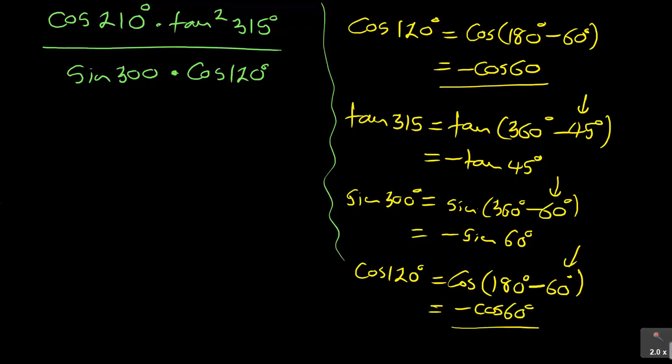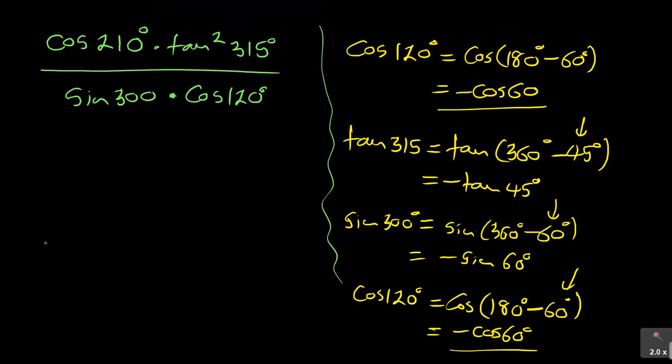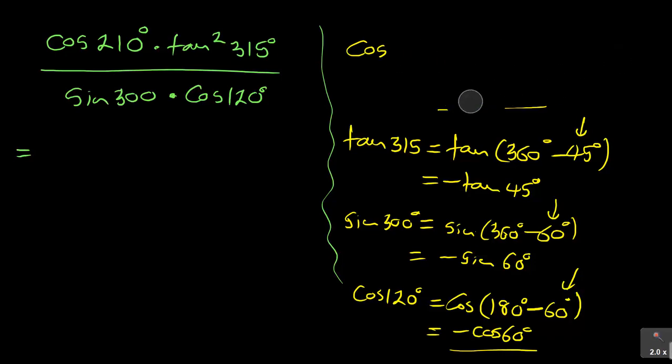So what you do now, you write all these together. So this becomes equal to, where there is cos 210, actually I think I made an error here, because 120 is supposed to be 210 here. So it's cos 210. I don't know why I wrote 120.